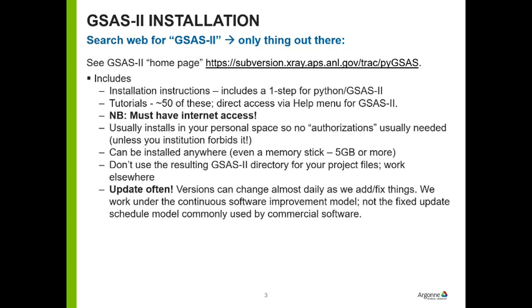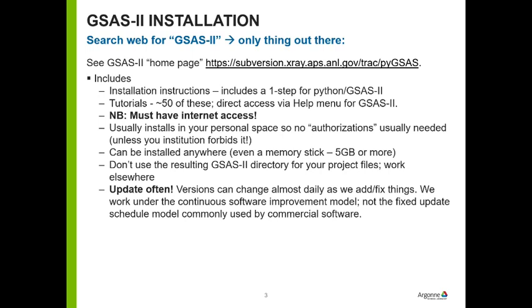The other thing I want to point out is that there are tutorials. There's more than 50 of them that cover various aspects of GSAS-II in its operations. If you're interested in anything that you want to do, go look at the tutorials. There's usually more than one tutorial that covers a particular topic.